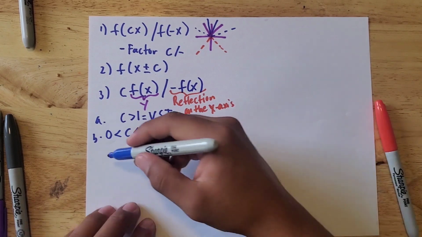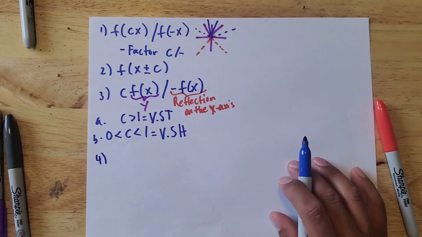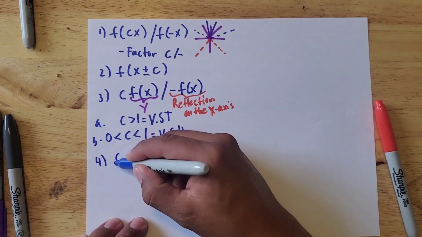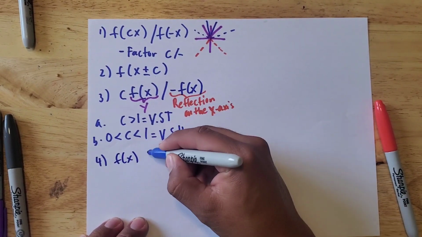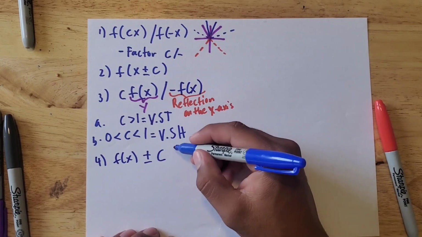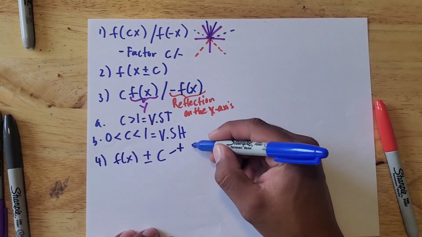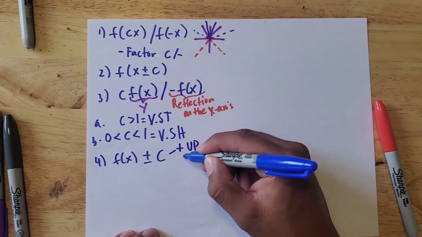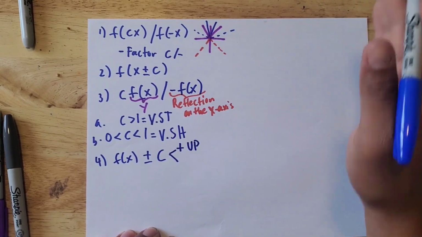And then we get to the last step, which is the most outer part of it. And that's adding and subtracting by a constant. And again, everything outside behaves the way it's supposed to. Everything inside behaves opposite of what's supposed to. So in this case, when we talk about a positive, that actually moves it up. So it shifts it vertically.